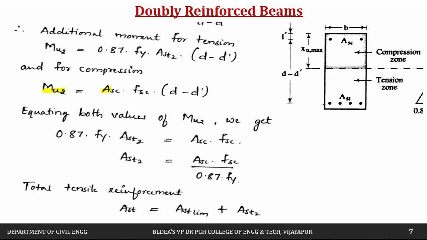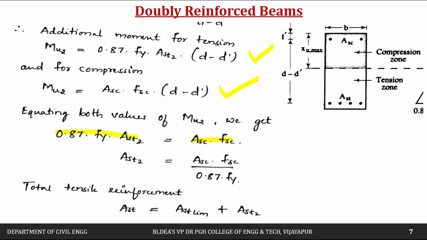Similarly, Mu2 based on the compression reinforcement. Again the same thing, force into distance, lever arm. Force is nothing but ASC into FSC, as previously we have seen, into the distance, that is lever arm, D minus D dash. This is due to additional tensile reinforcement, this is due to additional compression reinforcement. If you are going to compute both and equate them, you will have it equal to ASC into FSC.